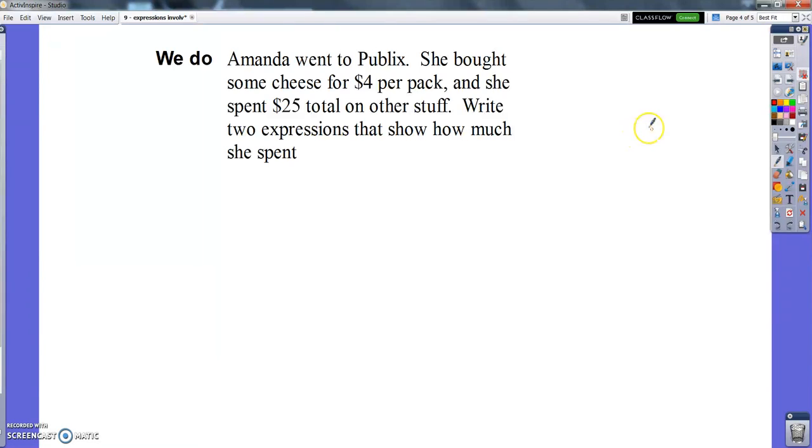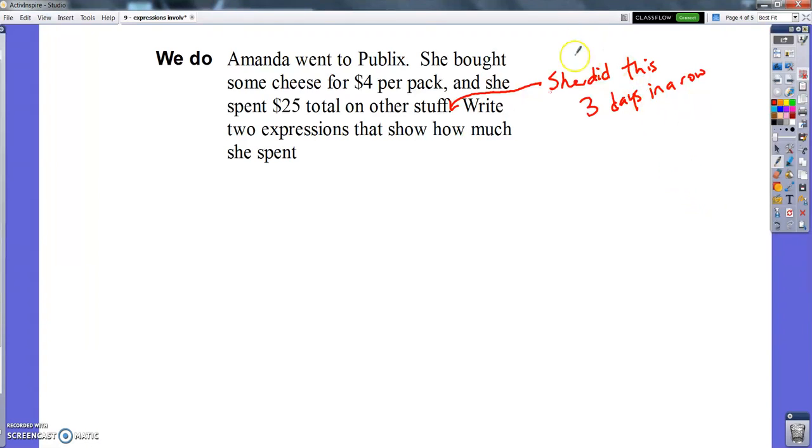Wait a minute, I need her to do this more times, so write this in here for me. Sorry, I didn't write this in. Let's say she did this 3 days in a row. So I forgot to type that in there. So write 2 expressions that show how much she spent.